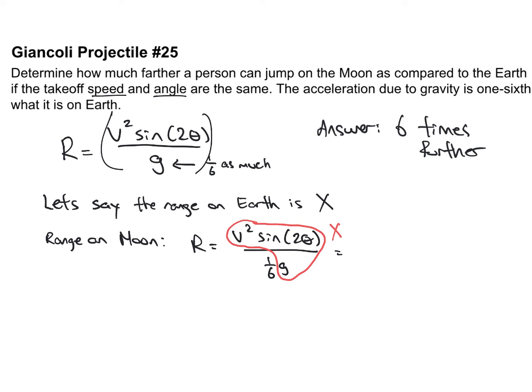And so the range on the moon is simply going to equal x over 1/6. Well, what's x over 1/6? You divide fractions, that's the same as x times 6 over 1, which is 6x. So if the range on Earth is x, then the range on the moon is going to be 6x.